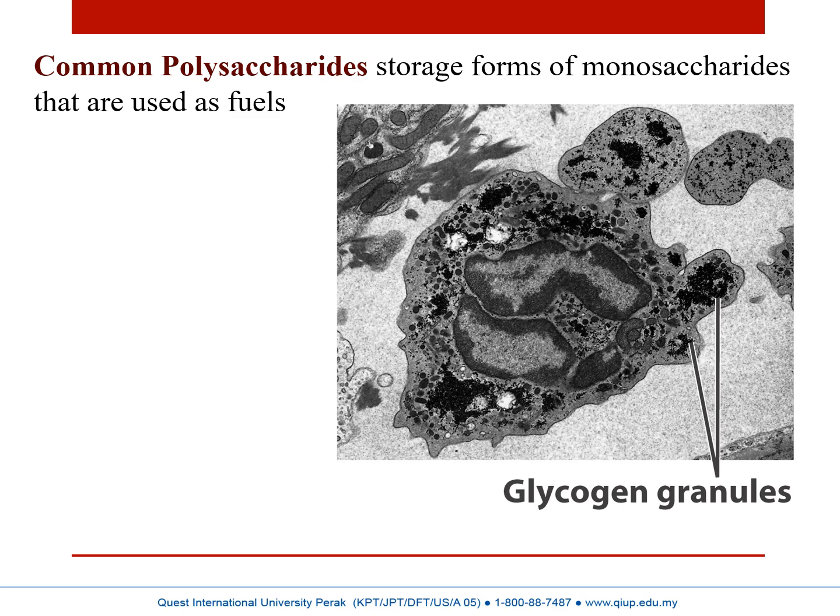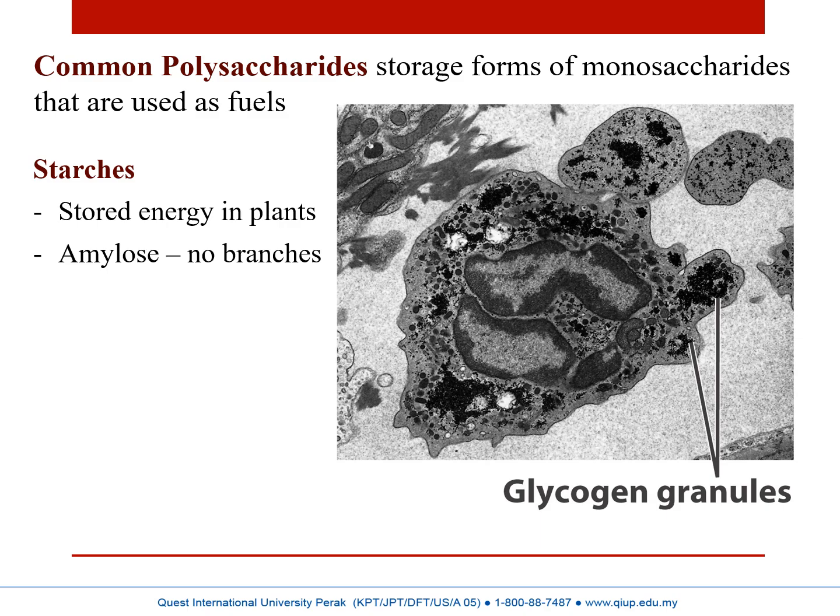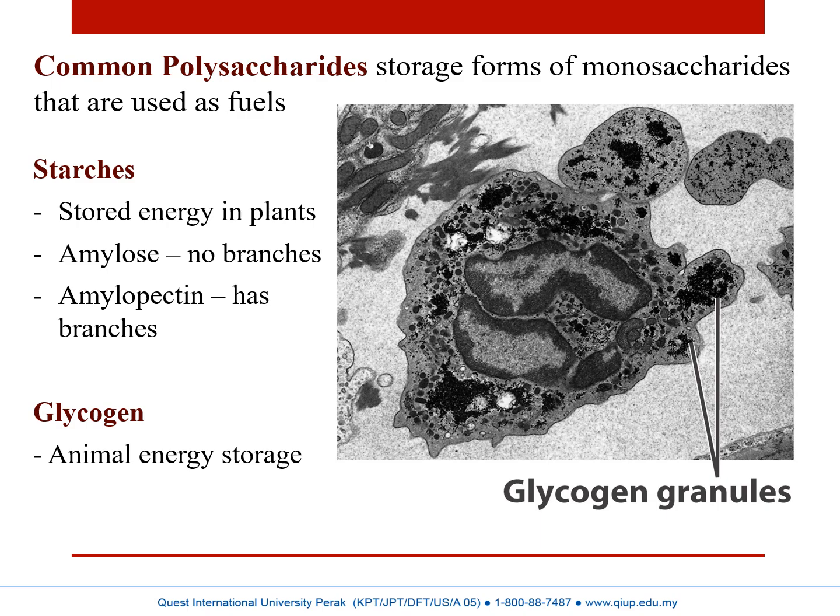So this is on starch in plants, and they have amylose, which has no branches and actually looks helical. Amylopectin has branches and looks similar to glycogen. The only difference is that glycogen has more branching, while amylopectin has less branching.